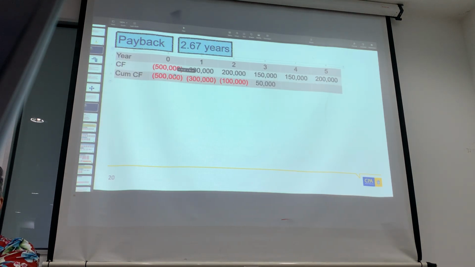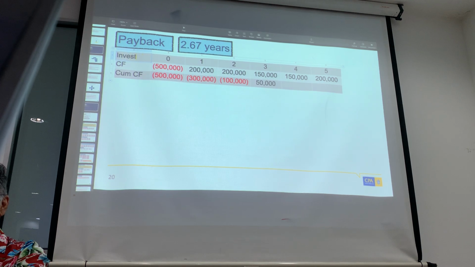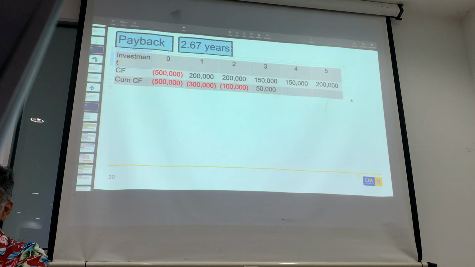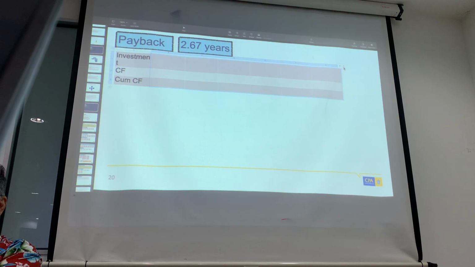Now payback or shortcut. Payback is here. I show you the shortcut. No need to do it like this already. There is a shortcut because the cash flow is the same. Payback you can do the long way, no problem.